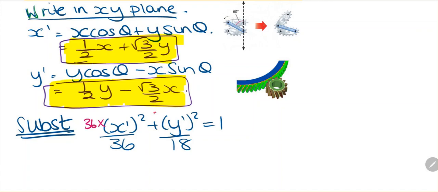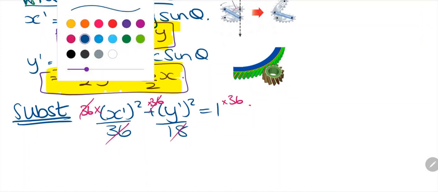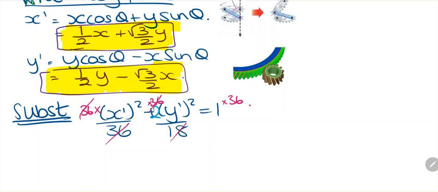So if I multiply by 36, the 36 will cancel out, and this will become 2, and then this will become 36.